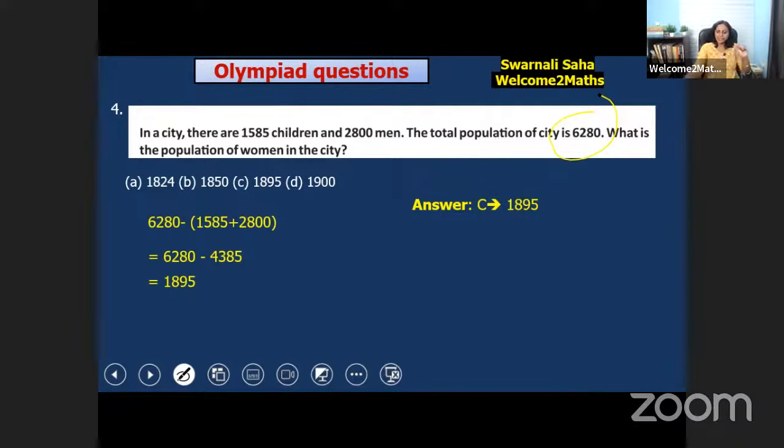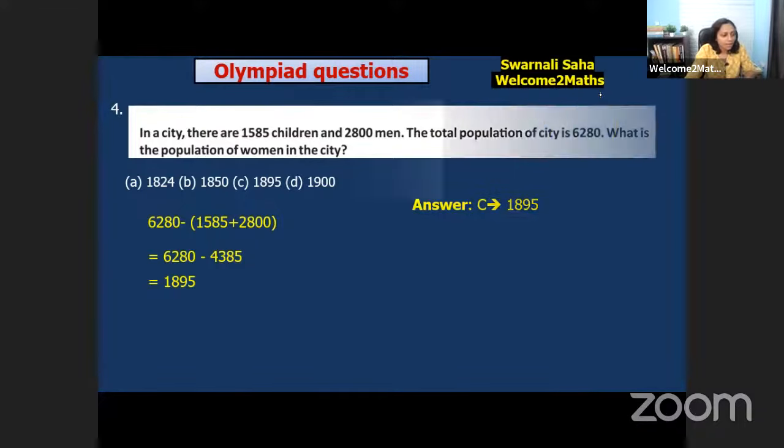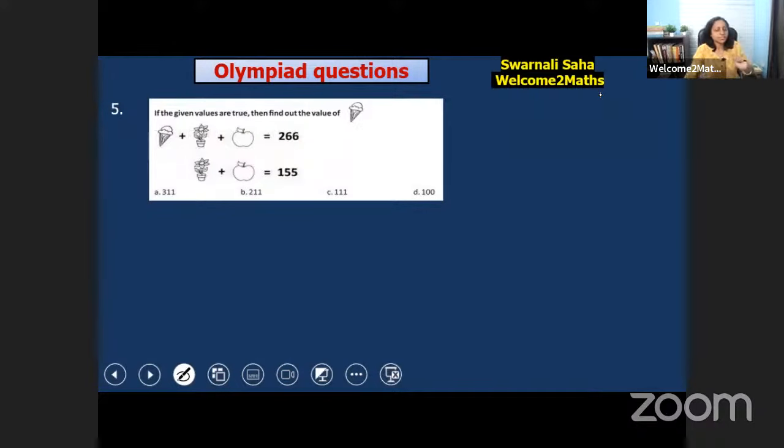Let's solve one more question. Now, the next question is this type of question, and in Olympiad exams, many times you will get this type of question. You see, if the given values are true, then find out the value of ice cream.